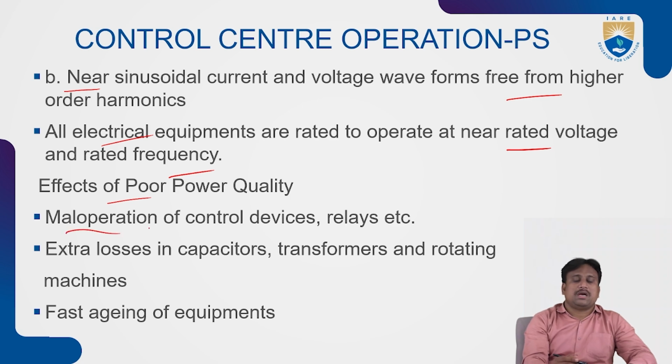It causes maloperation of control devices and relays, and some extra losses are expected in capacitors, transformers, and rotating machines. This fast aging of the equipment may lead to damage, and the loads and load centers get affected by these parameters.